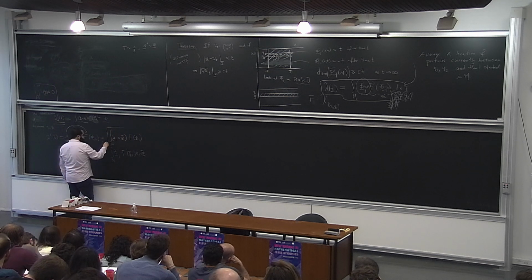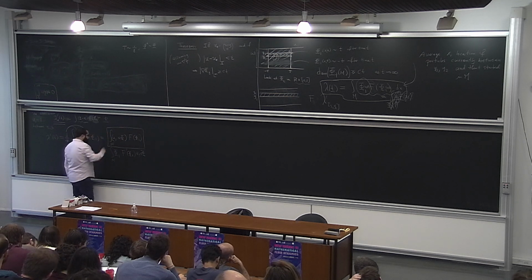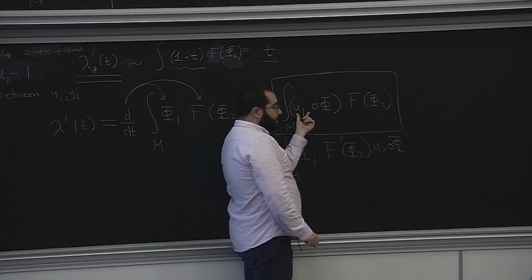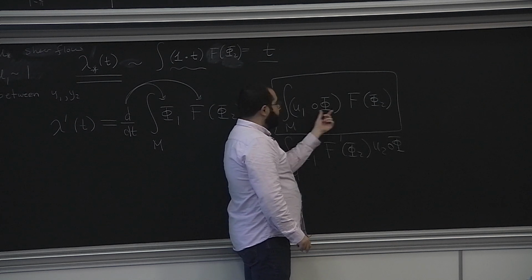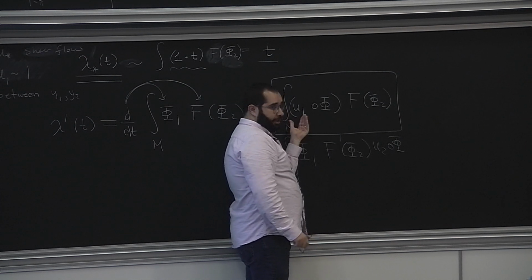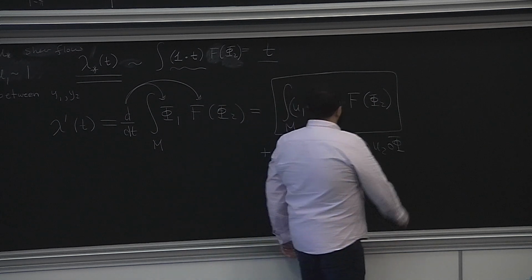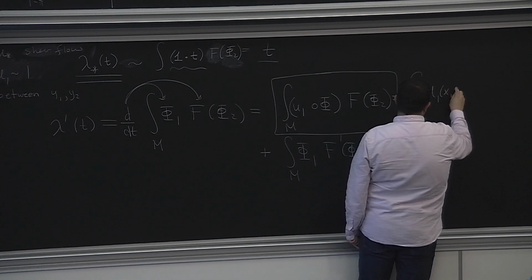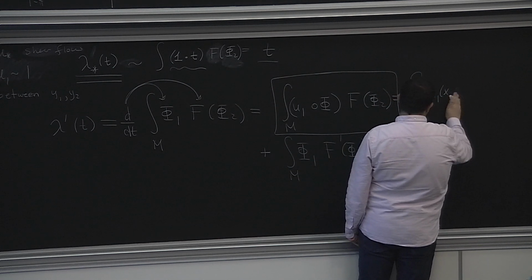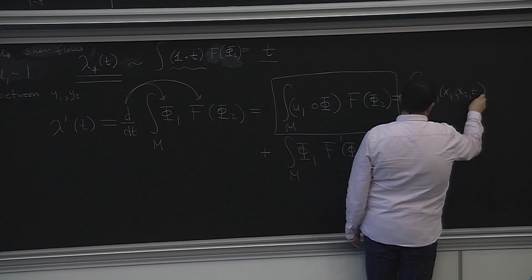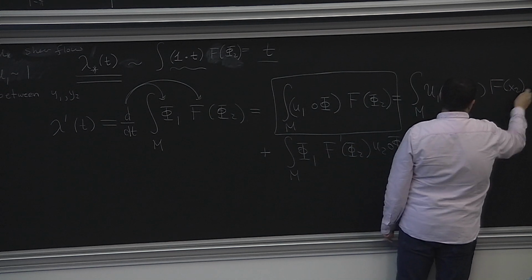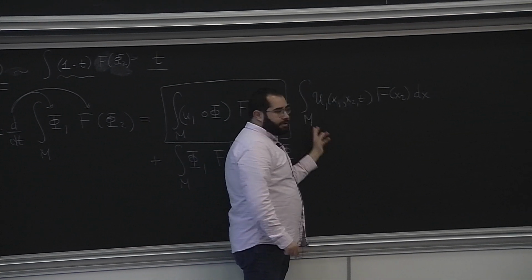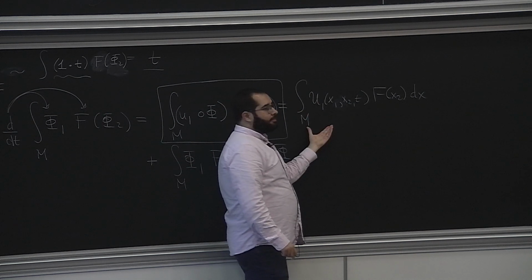Okay, with this piece, actually we can do that. u1 is periodic. f is periodic in x1, right? So this is just the integral on m of u1 of x1, x2, t, times f of x2. So if you know that u is close to u star, then you know what this is.